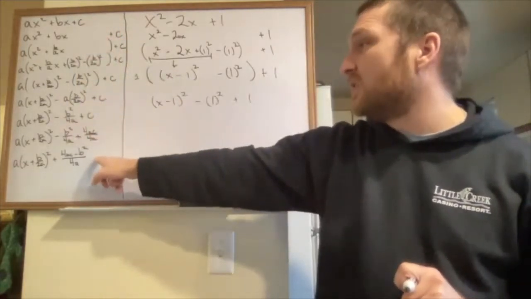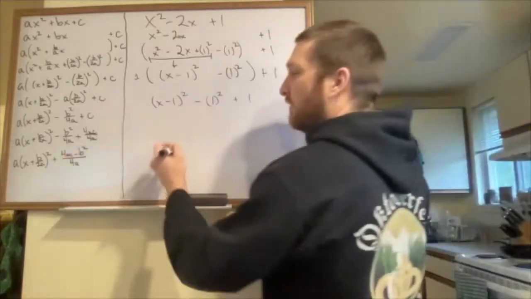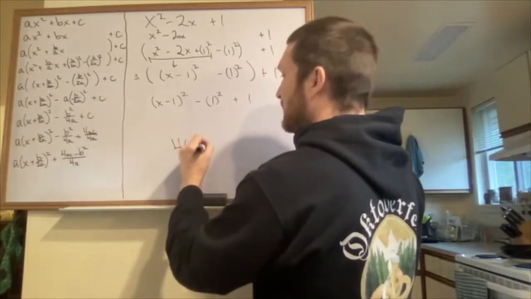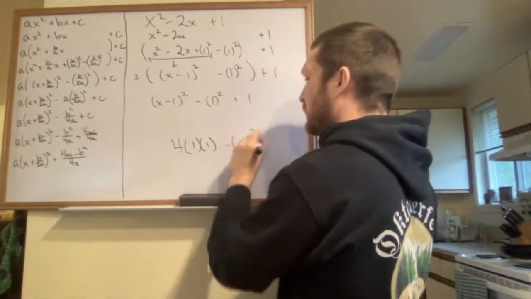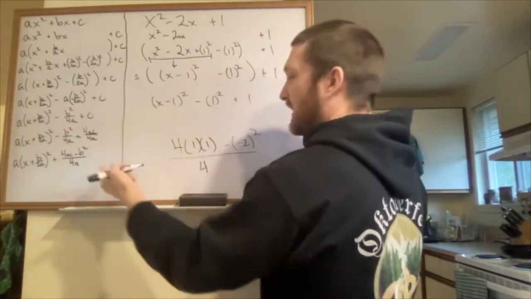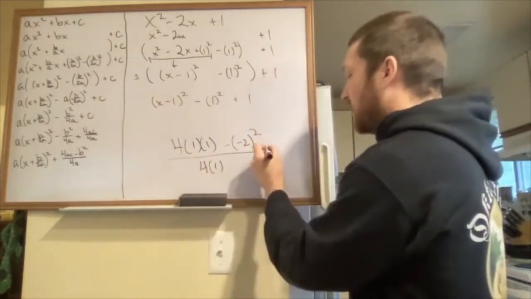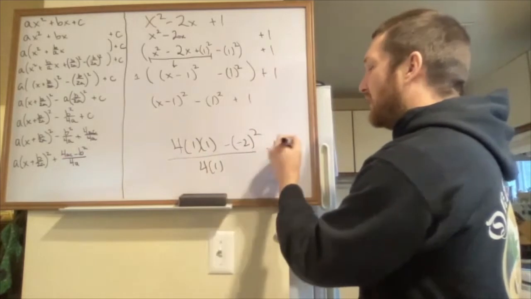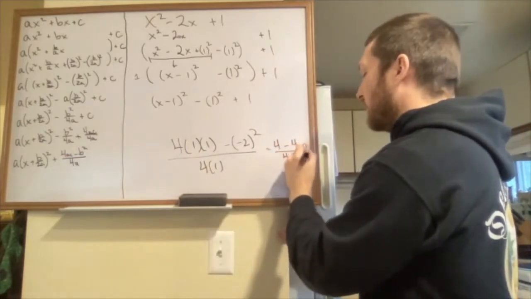If I wanted to, I could have from the very beginning, and let's just see what I'd have. 4 times a times c, a is 1, c is 1, minus b squared, b is -2 squared, over 4 times a, which is +1. 4 times 1 times 1 is 4, minus +4, all over 4. Oh, that's 0 over 4. That's just a 0.